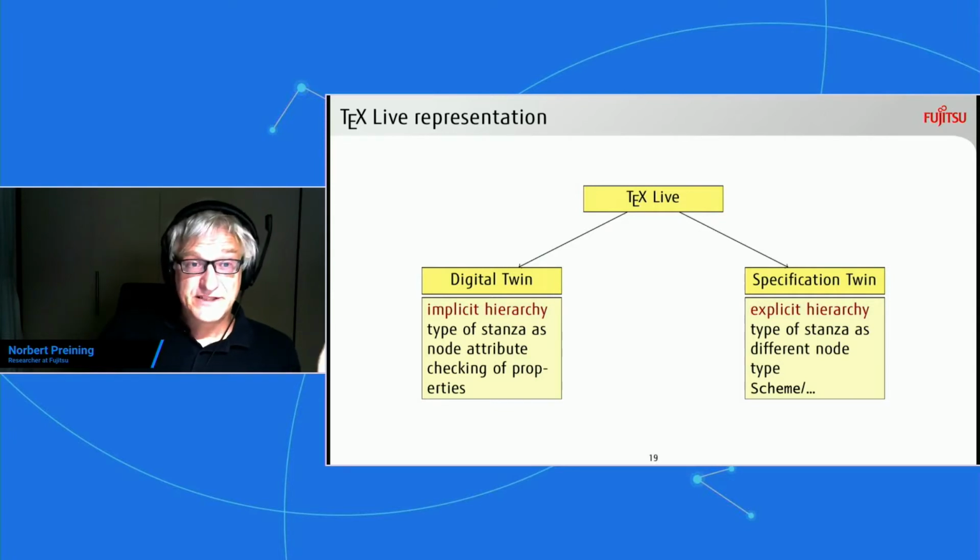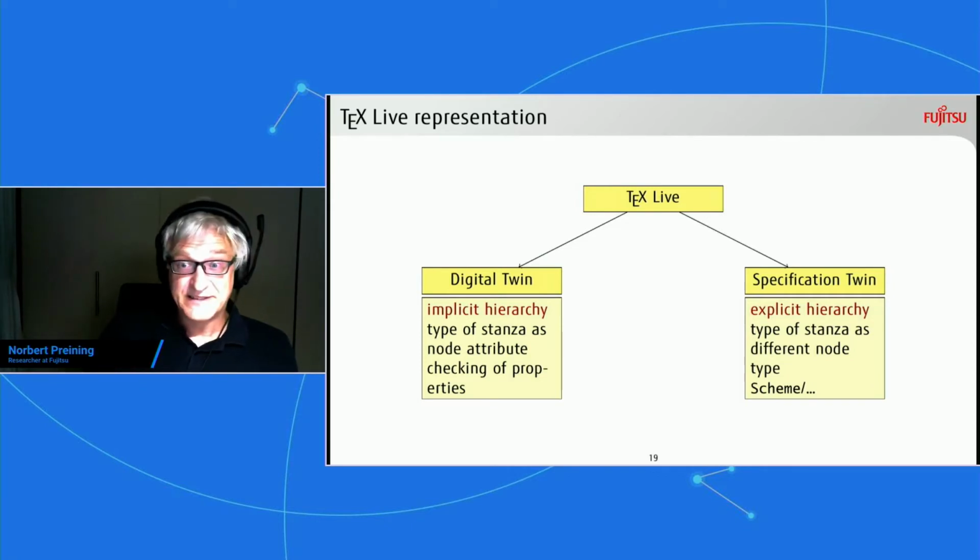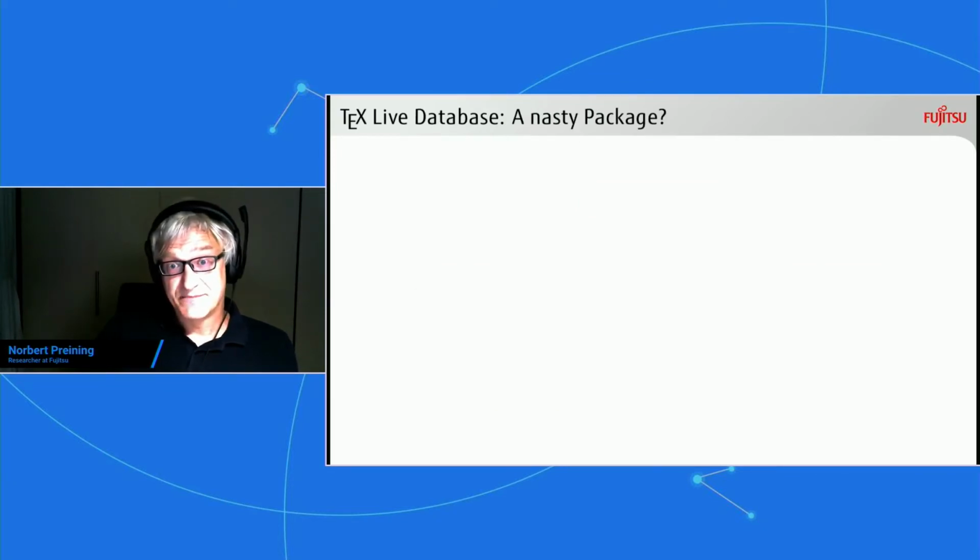While with the specification twin, that would be nice, you have different categories of nodes, and then the relations between them are enforced, that they are only between certain node types and not between arbitrary ones. So that enforces a certain structure that, of course, would help you.